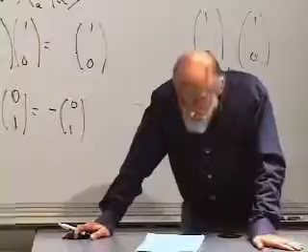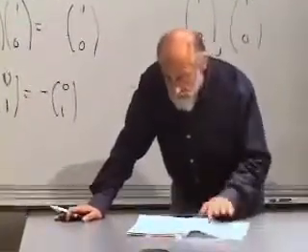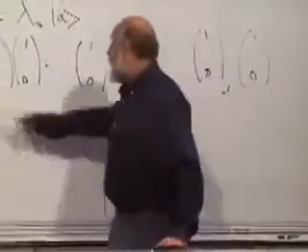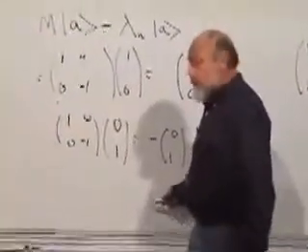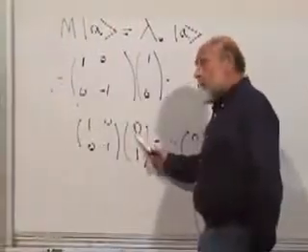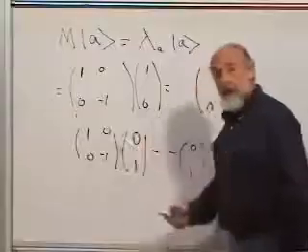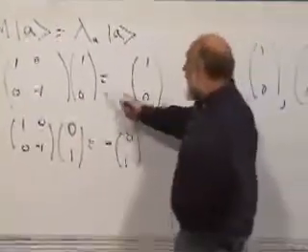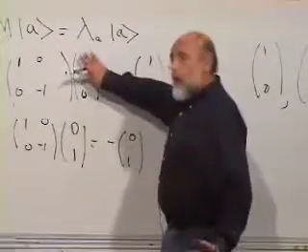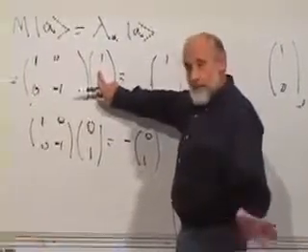Let me give you another example, which is a little bit less trivial. Oh, incidentally, if it were 3 by 3 or n by n matrices, the same pattern would be there: if the matrices are diagonal, then the diagonal entries are the eigenvalues, and the eigenvectors are just vectors with zeros everywhere except in one place, a 1.